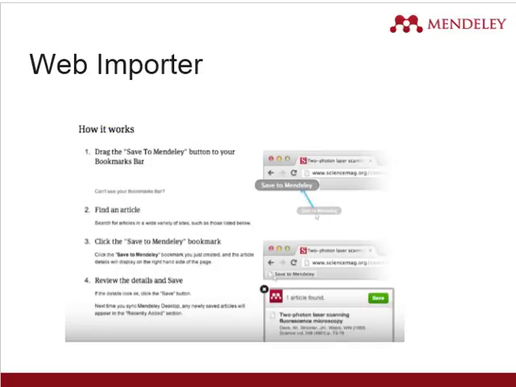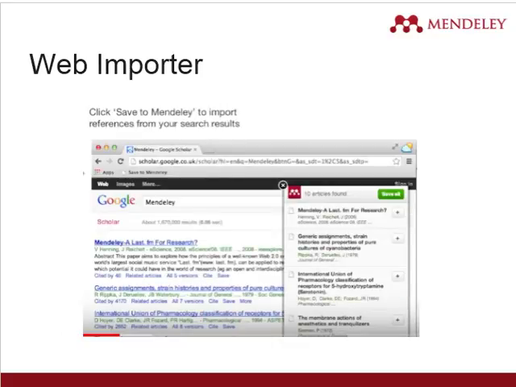To add the importer, you only need to go and just drag it to your bookmark, and I'll show you manually how to do it. Suppose you have searched the document and now you want to fetch those documents, you can do it through the web importer. So we will see how we can do this.